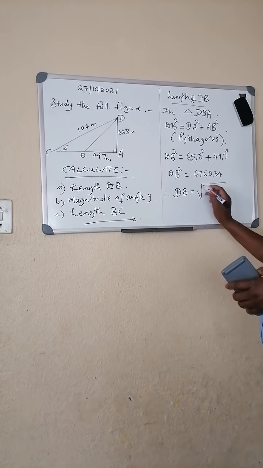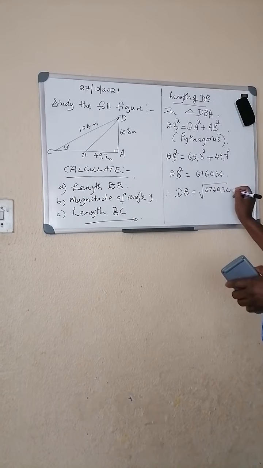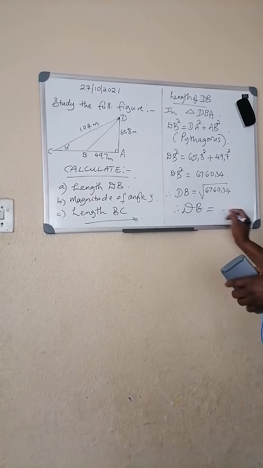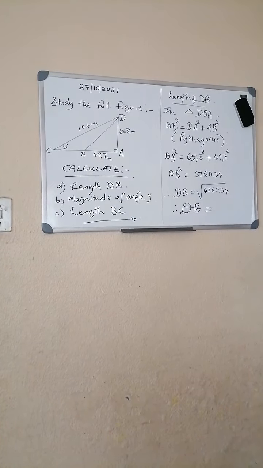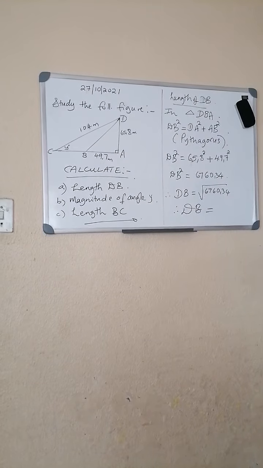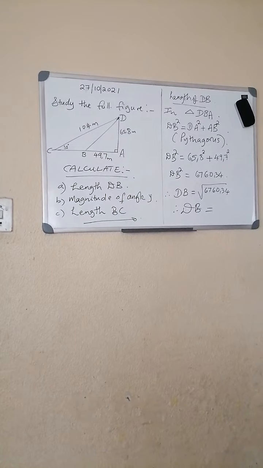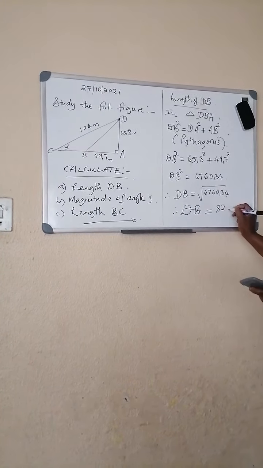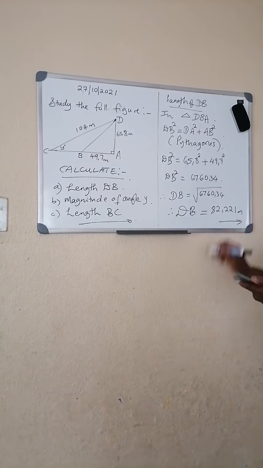Now therefore, what is the value of DB? The value of DB will be plus or minus the root of 6762.34. Now therefore, our DB will be the root of 6762.34. And that then gives 82.221 meters.